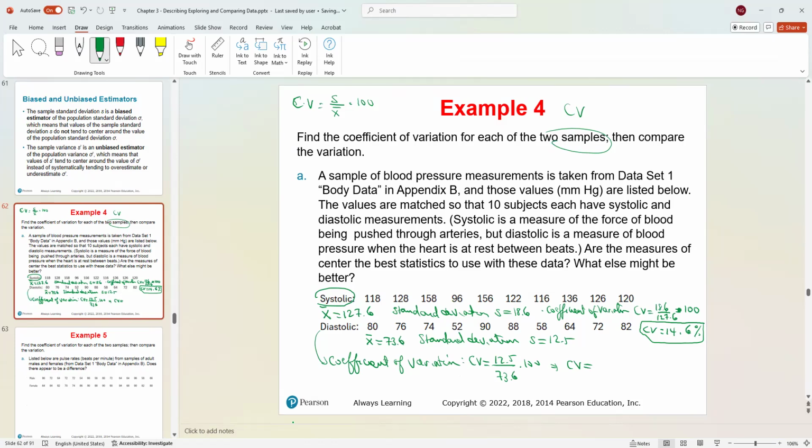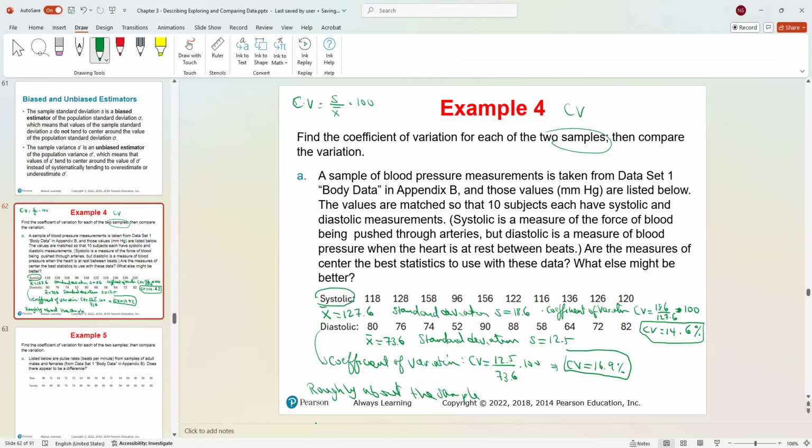CV in this case, for the diastolic, would be 16.9%. So the variation is roughly about the same. The percentages are very close.